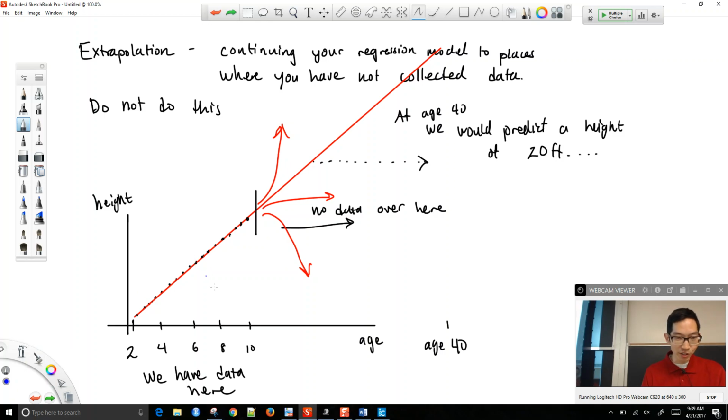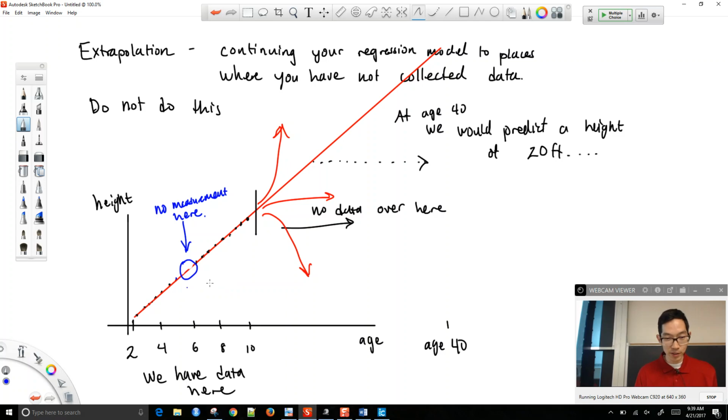Interpolation is, let's say 1 month you forgot to measure your kid's height, and so you're missing data right here. You have no measurement here. Interpolation is saying, okay, I have data on this side and that side, therefore I can use my regression line to try to figure out how tall my child was for the month that I missed. You can do that.